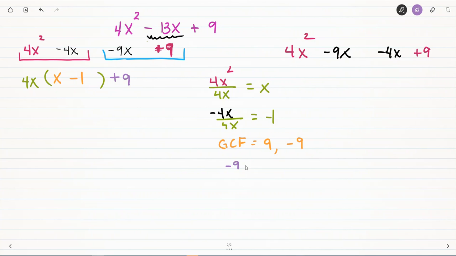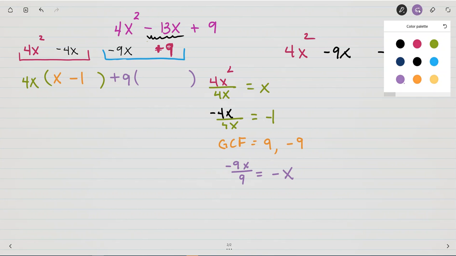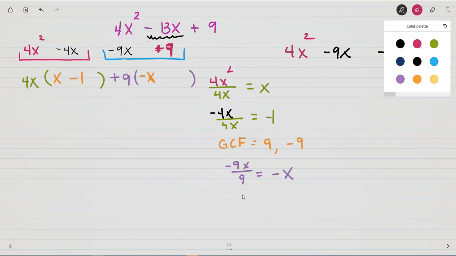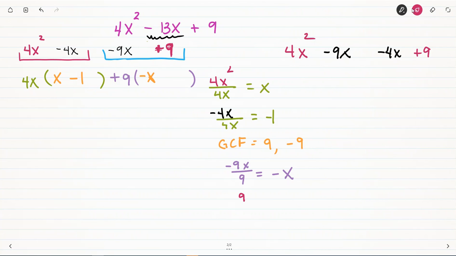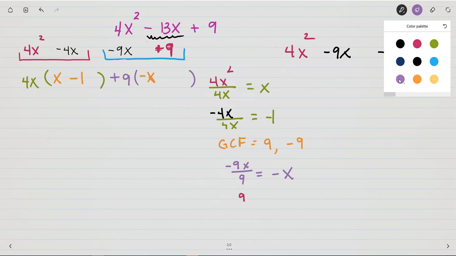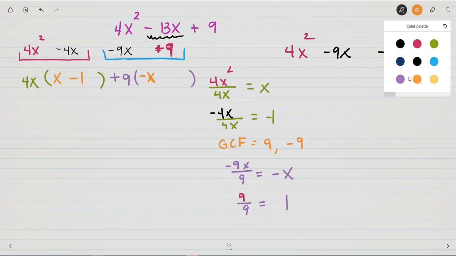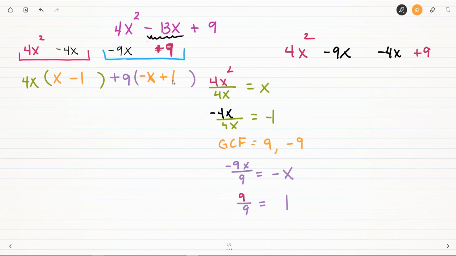I'm saying that negative 9x divided by 9 is negative x. And then positive 9 divided by 9 is positive 1. And I recognize, oh, there's a problem.